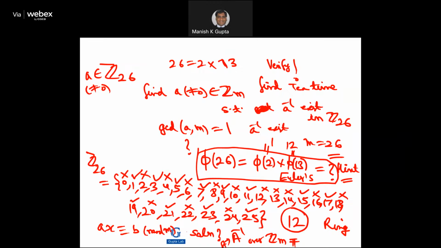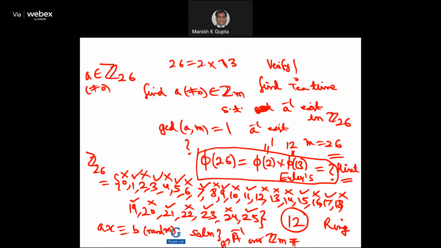So if GCD of M and N is 1, then phi of M into N is equal to phi of M into phi of N. So phi of 26 is equal to phi of 2 into phi of 13. 2 is a prime number, so this value will be 1. Phi of 13 will be 12. Phi of P is equal to P minus 1. So this whole thing is 12. So there will be 12 elements in Z26 which will have an inverse.